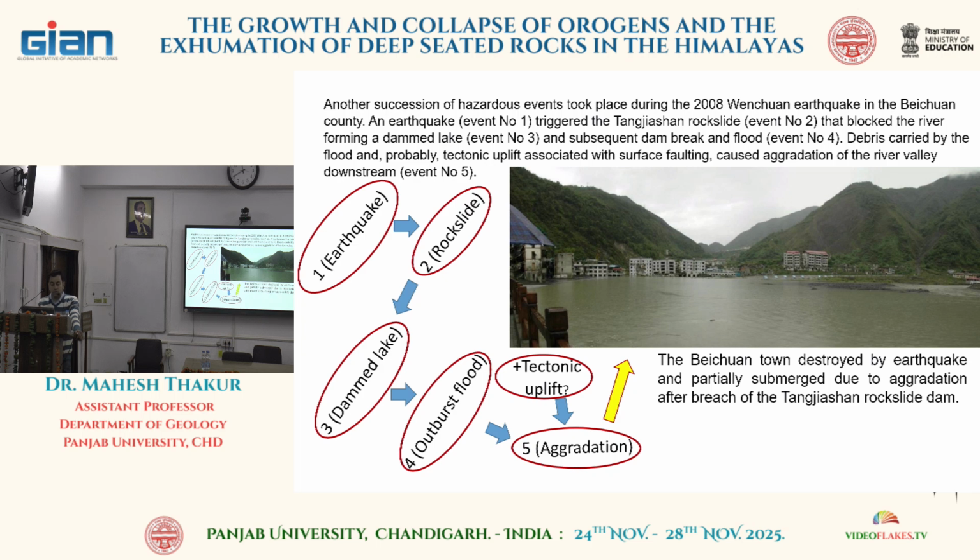So this town was destroyed because of an earthquake. An earthquake can have multiple chains of events where you can have a landslide, a big rock slide, and maybe a dam is formed. And now this dam is breached, and this water will go downstream and destroy various things.